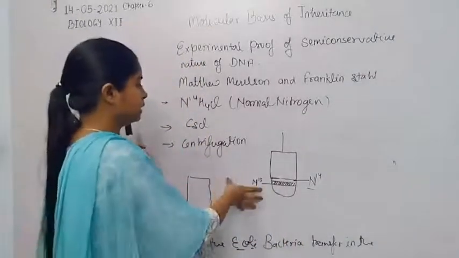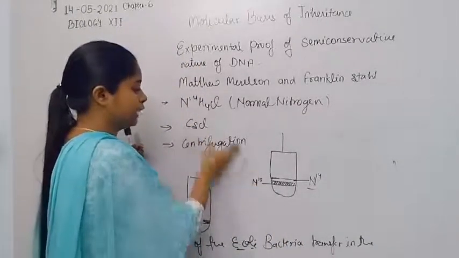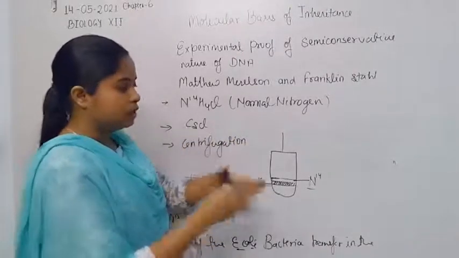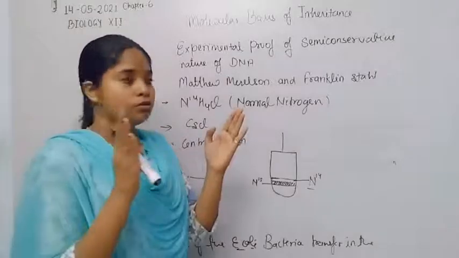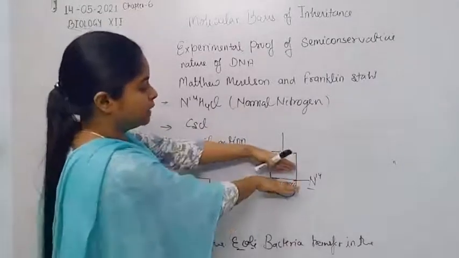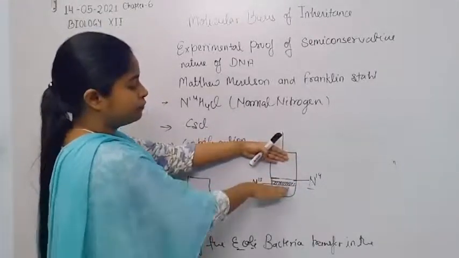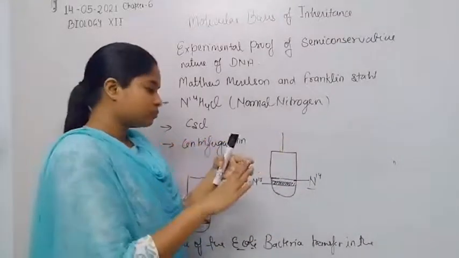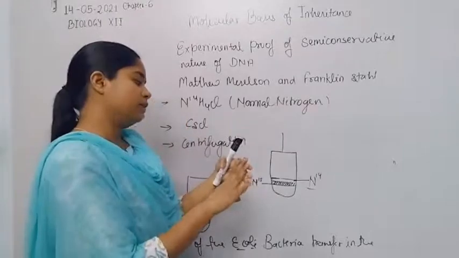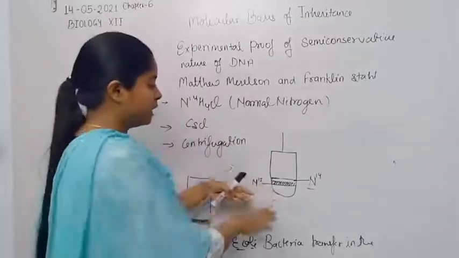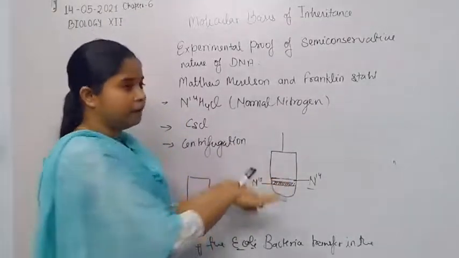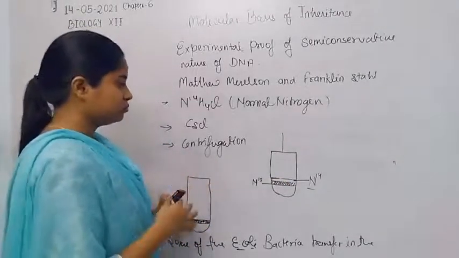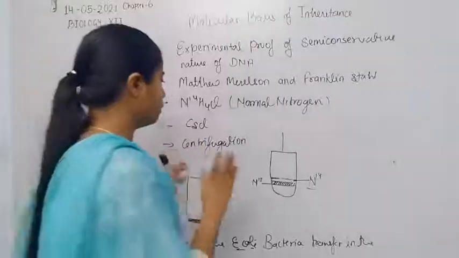By the density gradient experiment, cesium chloride helps in the separation of these two strands of DNA. That's why the two bands occur. The N15 band has only the strand that was formed by the N15 nitrogen, and the N14 band has the strand of DNA which was generally formed by the N14 nitrogen.